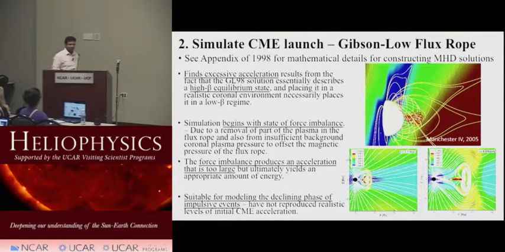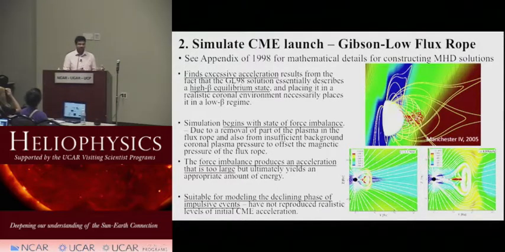So going into a bit more details of the Gibson-Low, and using those equations into an MHD simulation, they try to get an idea of how well does it work. And what some of the initial papers were showing was that they find that excessive acceleration is resulted from this Gibson-Low solution.